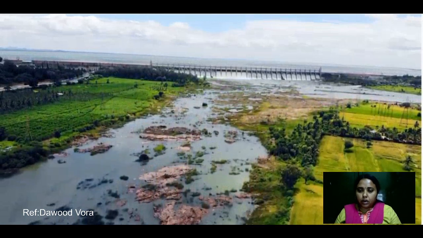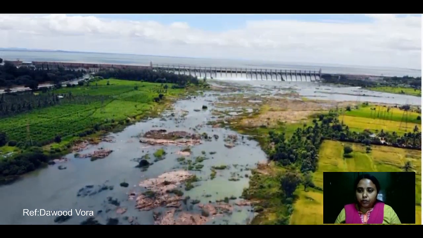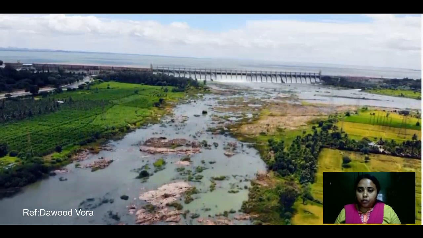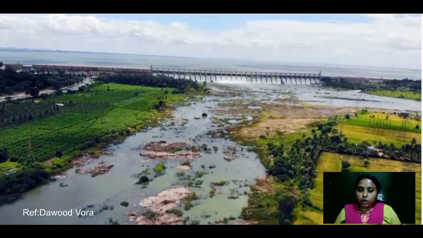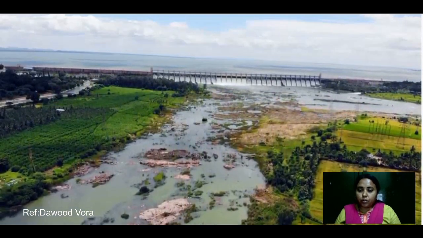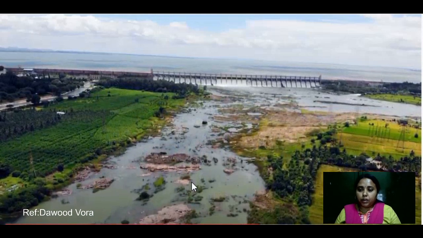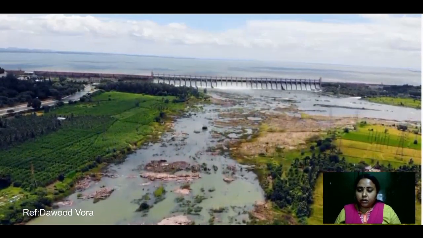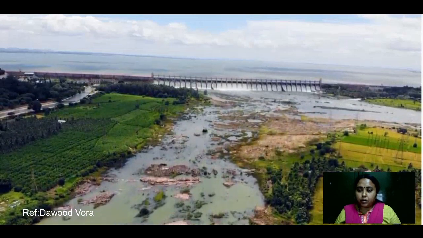You can see a large deposit of sediment as well as growth of plants, and this growth of plants in water later on leads to eutrophication, which is one of the major problems in the majority of rivers, where this water cannot be used for any other purposes later on.